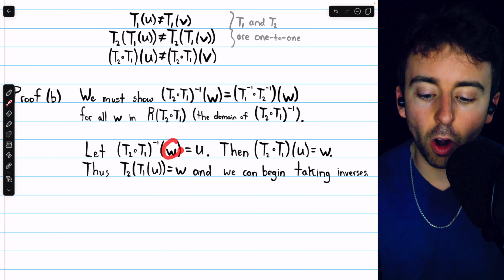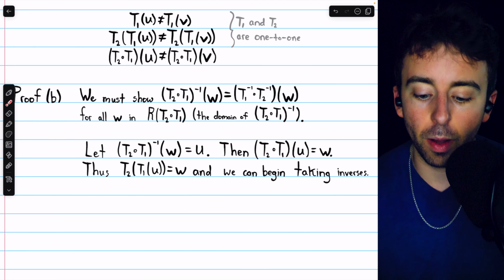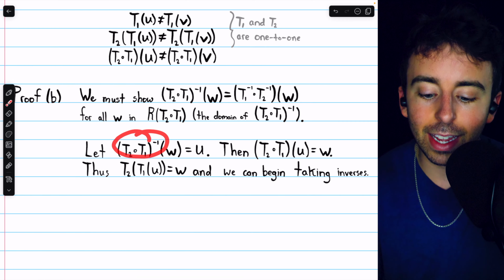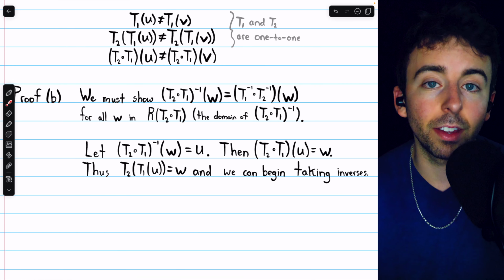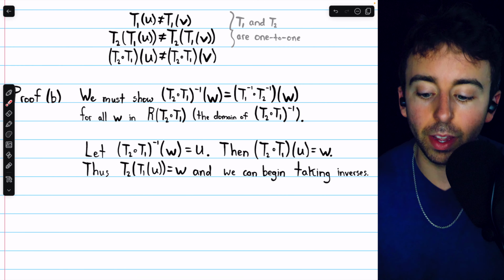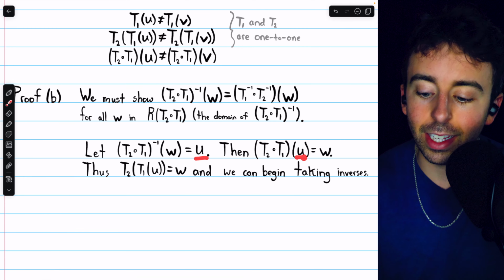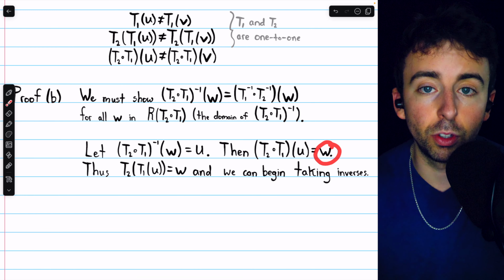Let's say we've got this arbitrary vector w from the domain of the inverse composition. Now, if we plug that into the inverse composition, that gives us some vector. Let's call it u. Then by definition of an inverse, T2 ∘ T1 evaluated at u must map to w.